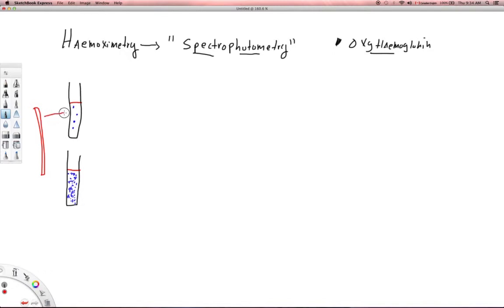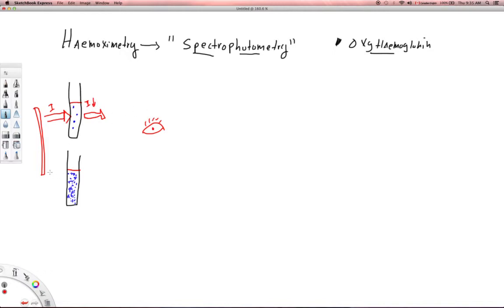So as I shine light through here, and the thickness of this arrow is the intensity, some of that is going to get absorbed by this oxyhemoglobin. So when I look at it, here is my little eyeball. I'm not really looking at it, I'm actually having a machine look at it, but the intensity will have gone down a little bit here because there was some absorption.